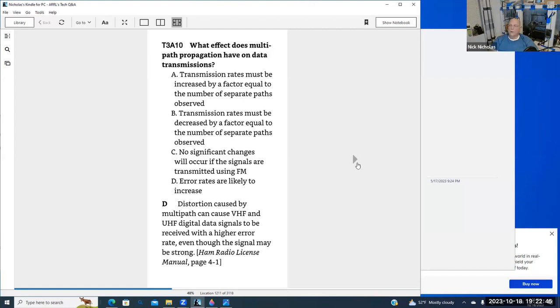It's because of the fluctuation caused by multipathing. The human ear does a better job than computers do at correcting for this. Early digital, like teletype, had to be so precision tuned in, and still does, by the way, because teletype doesn't have error correcting.